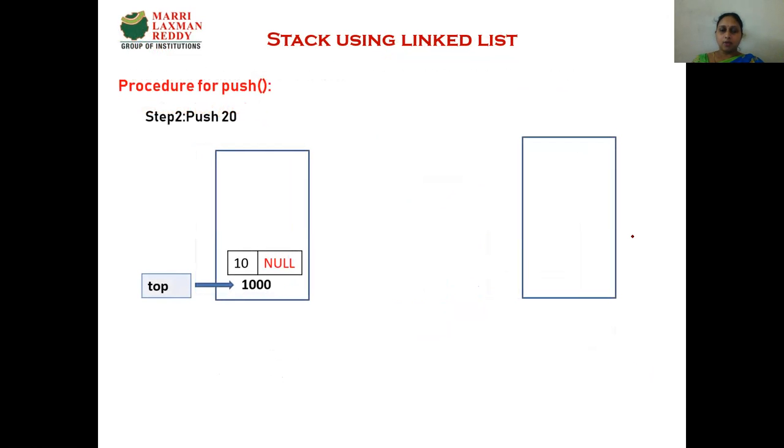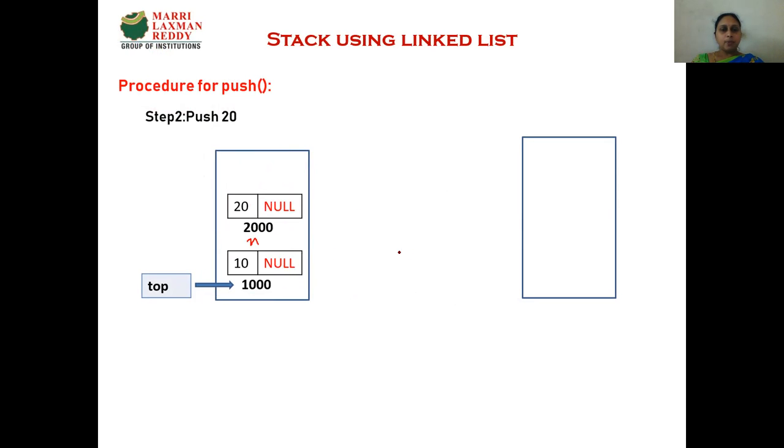Next, push 20 onto the top of the stack. First we need to create a node, allocating the data value 20 and the address null, and the address of this node is 2000, and the name of the node is n. Place this on the top of the stack. Now the earlier element is no longer the top; this becomes the top element on the stack.